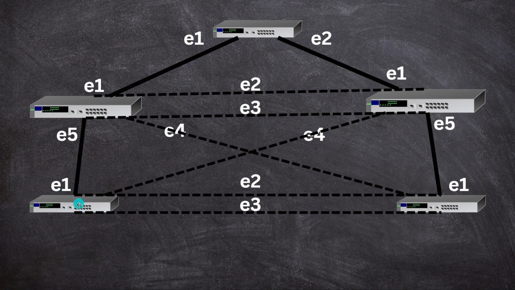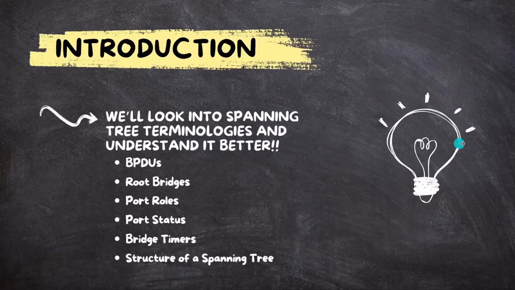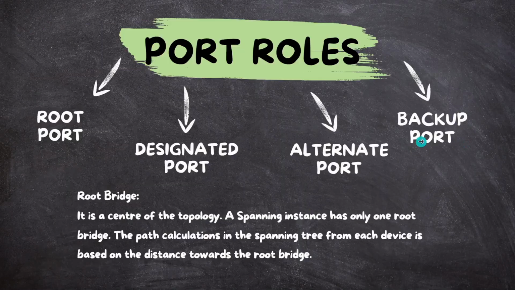And for the switch below this switch, this Ethernet 1 port, which is connected to Ethernet 5 port of this switch, will be the root port, because you can directly go via this port to the root bridge. So that's how a root port works.